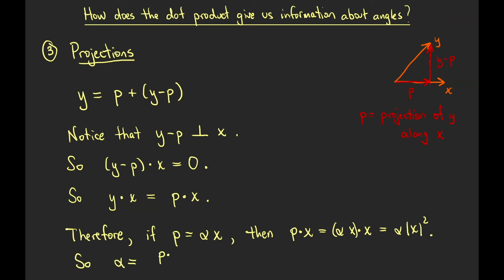Alpha is just p dot x divided by x squared, which, using the formula above, we substitute, is just y dot x divided by x squared. And therefore, p is just alpha times x, and that gives us a formula for p, y dot x divided by the length of x squared times x. And this is the formula for the projection of y along x.